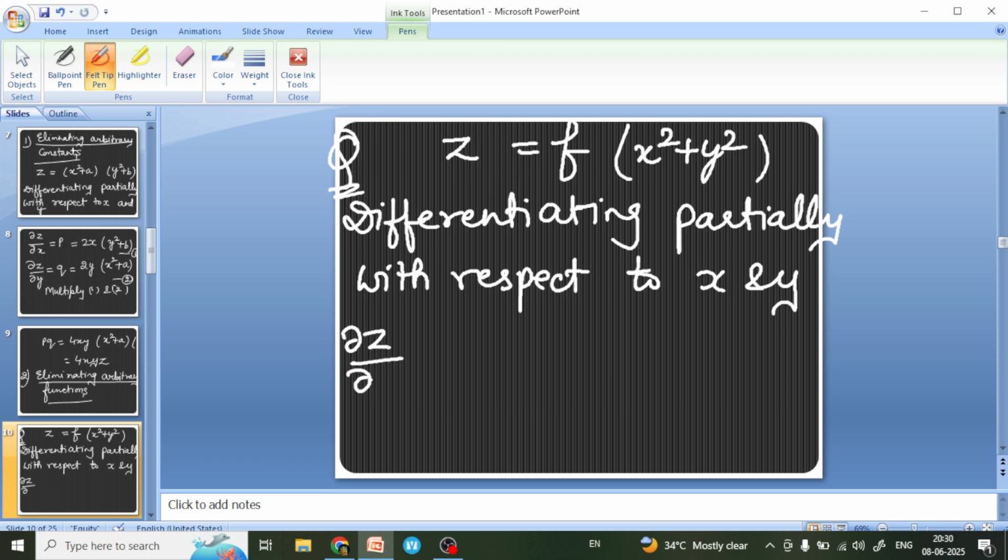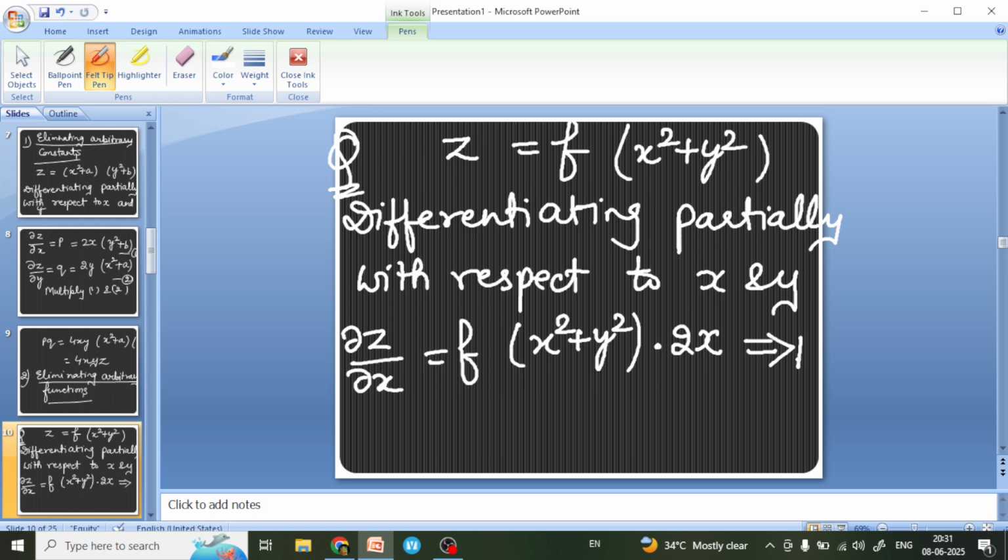Derivative of z over derivative of x, p, is equal to f dash of (x square plus y square) into 2x.